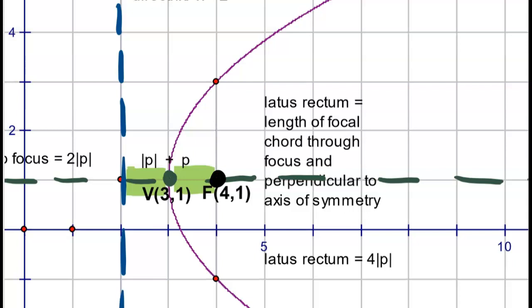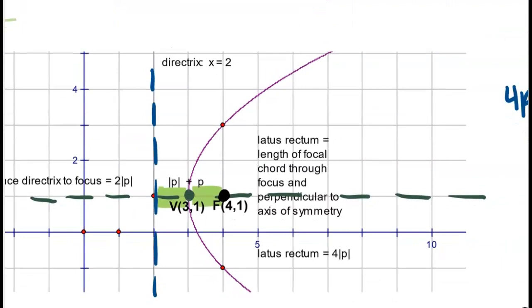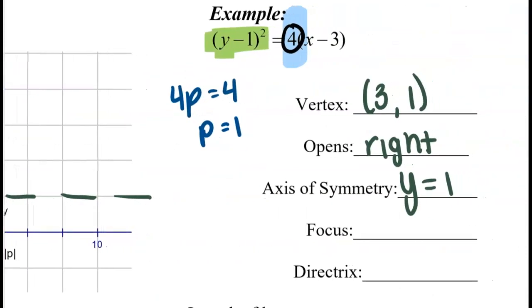My focus point is 4, 1. Notice I'm adding 1 to the x value. And my directrix is x equals 2. It is a line. So we'll go over here. My focus is 4, 1. I've got x equals 2.